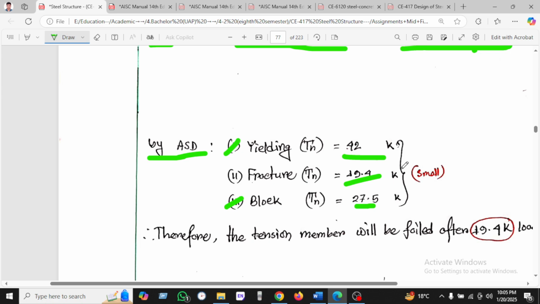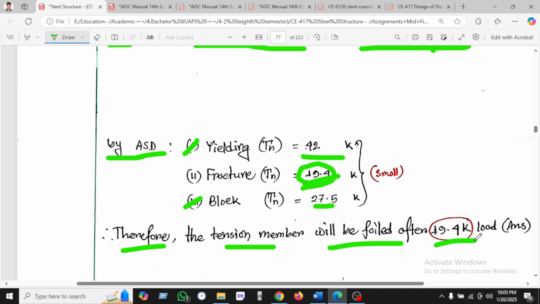Of the three results we take the lowest value. Therefore the tension member will fail after about 29.1 kip load, and the failure mode will be fracture.